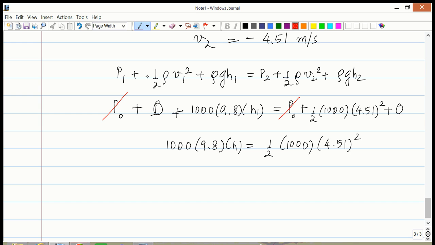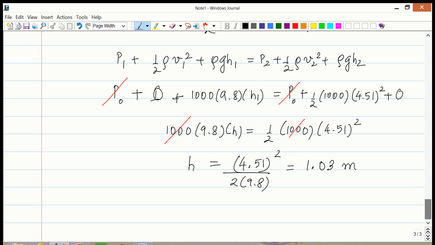Now the 1,000 cancels out, h is now equal to 4.51 square divided by 2 times 9.8. And when you evaluate this, you end up getting 1.03 meters. Okay, so this is the end of this problem.